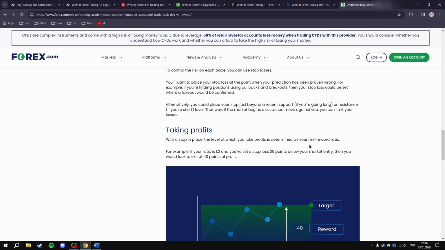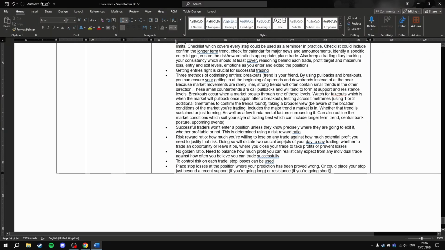That way, if the market begins a sustained move against you, you can limit your losses.